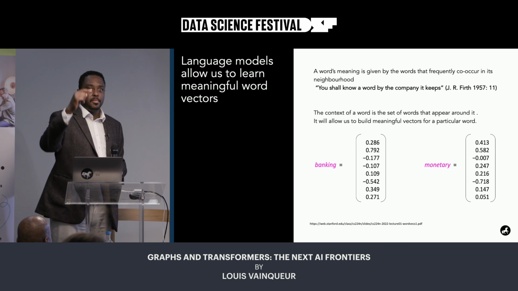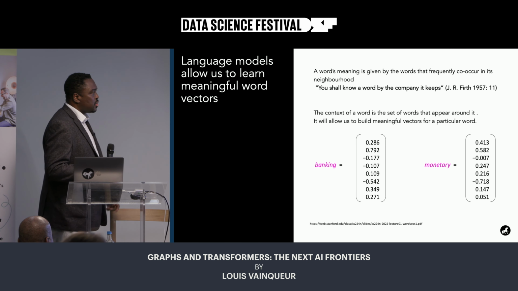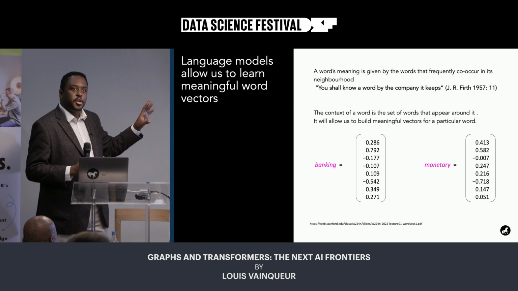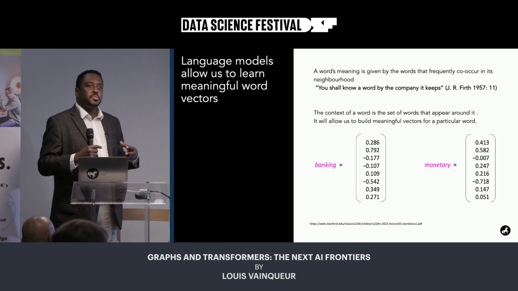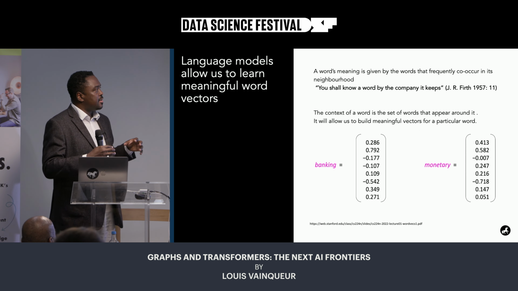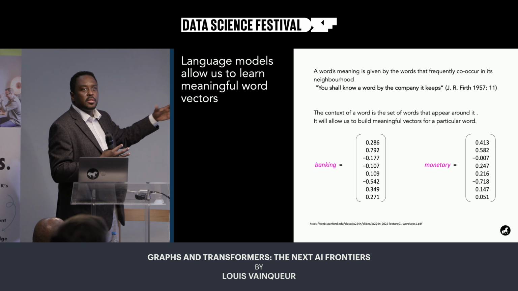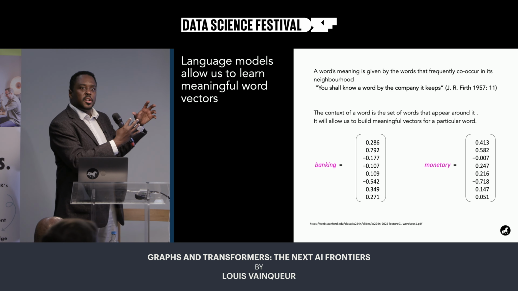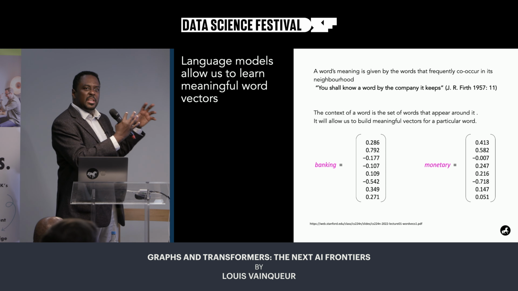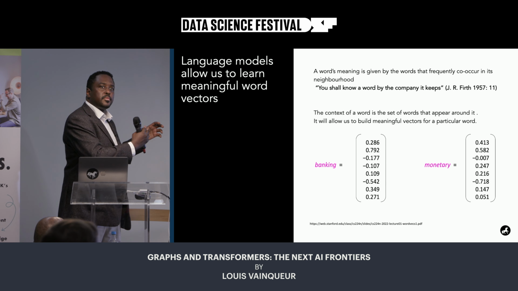Nope? Yeah. What does each number in each row represent? Okay, so those numbers as such don't really mean anything. It's more the fact that they end up in a particular space, in this case in 7 dimensions, where other words of similar meaning will also belong.